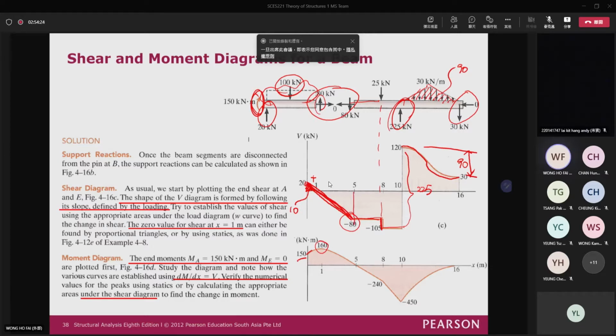And then from here to here, you can see that your slope is negative, I mean the shear is a negative value, so you will go down, and then the area here is actually equal to 155 here. Yes. So you will have the value of, let me calculate.